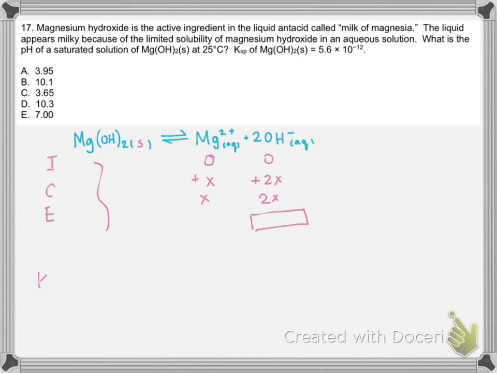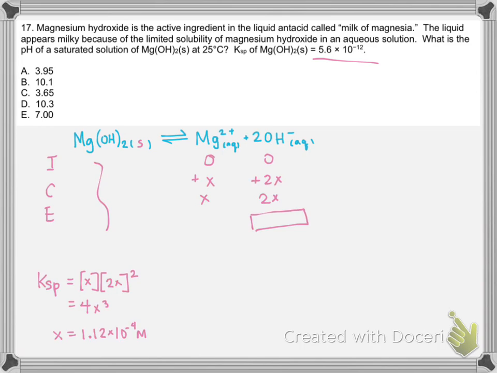And so our KSP is going to be equal to the x from the magnesium times 2x squared from the hydroxide, which simplifies to 4x cubed. And we use the KSP up above to solve for x, which is 1.12 times 10 to the minus 4th molar.